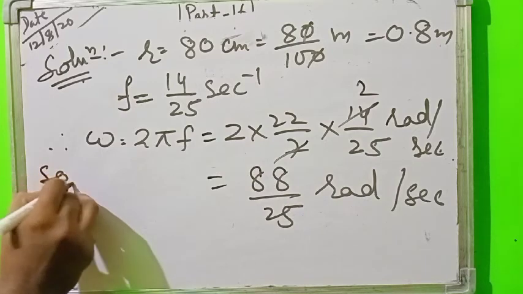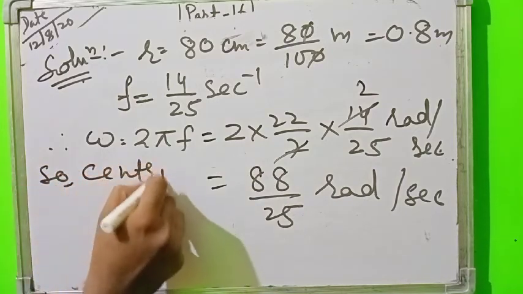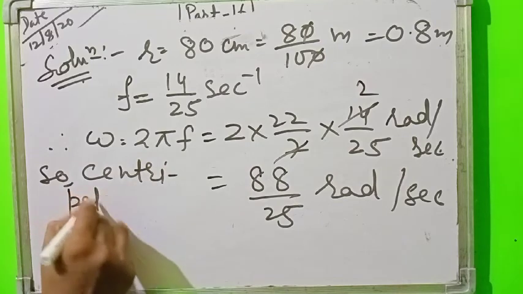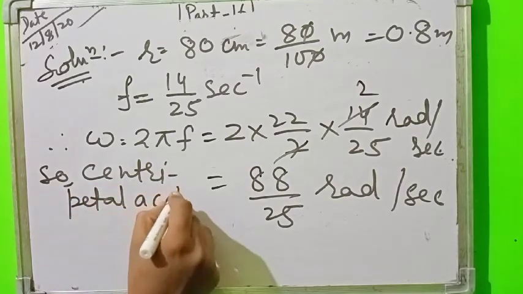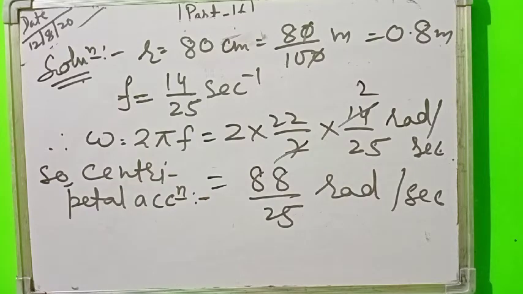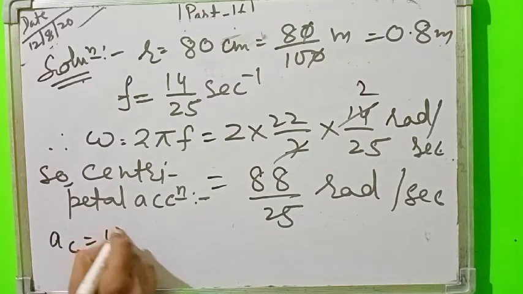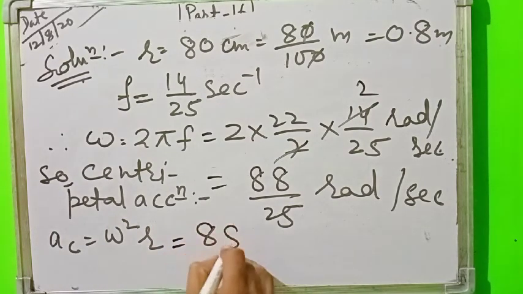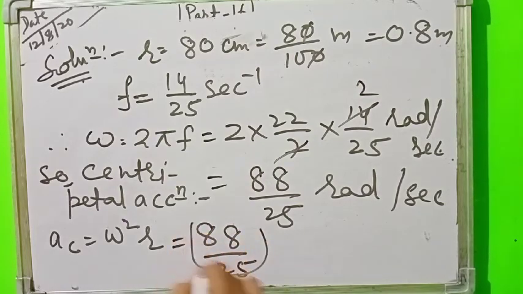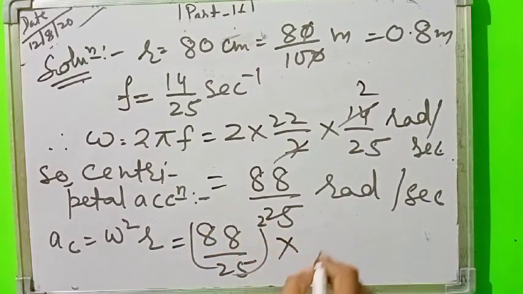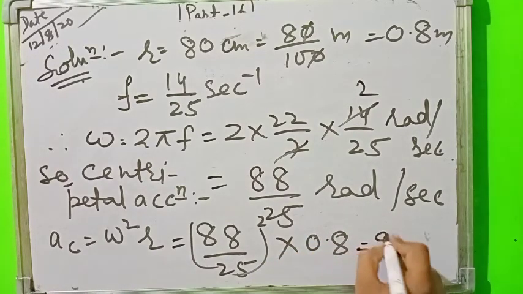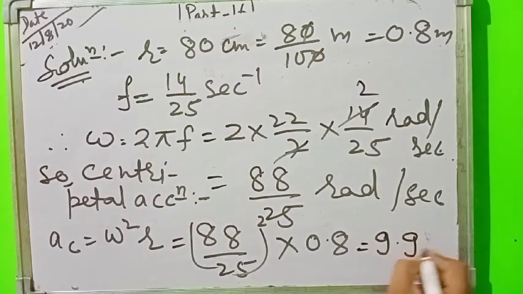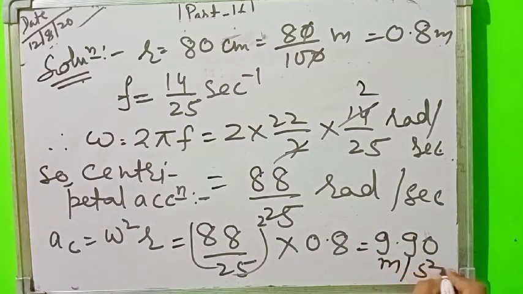So centripetal acceleration a_c is omega square R, and it can be written as 88 upon 25 whole square into 0.8, and it is equal to 9.90 meter per second square.